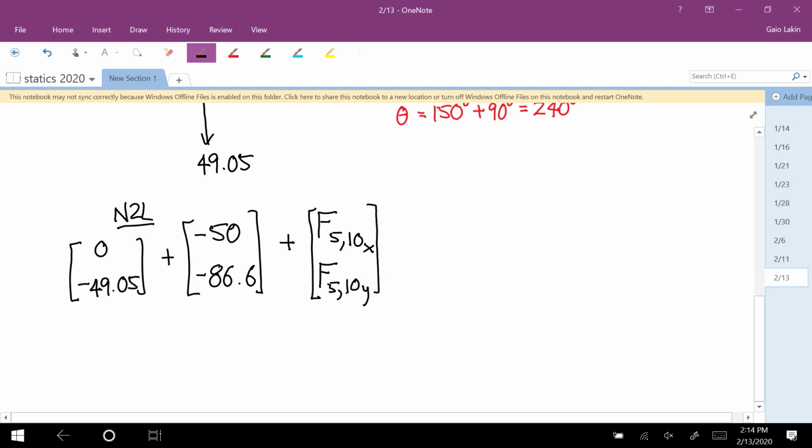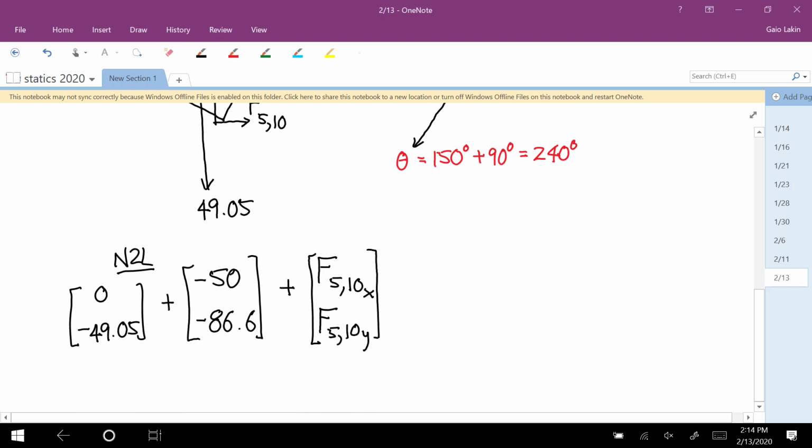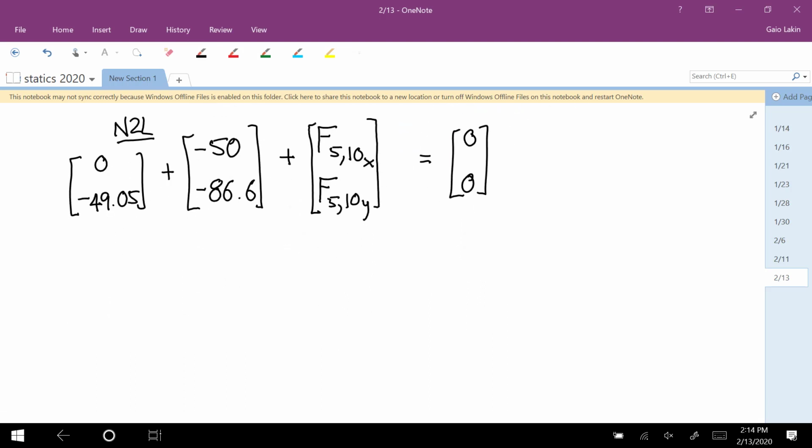The components themselves are not vectors, so those don't need the vector symbols on them. That's everything, so set those equal to 0. And you get that the force on the 5 by the 10, you can do it component by component. You get positive 50 for the x component, and for the y component, you get 135.65.